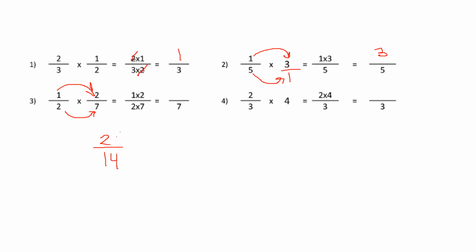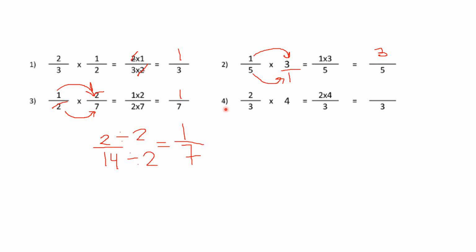Then you can simplify by 2. So your answer will be 1 over 7. Or you can directly simplify 2 by 2 and find the final answer directly, 1 over 7.